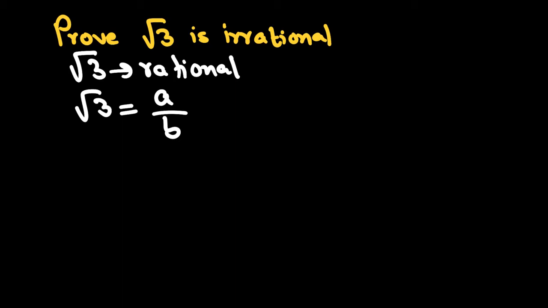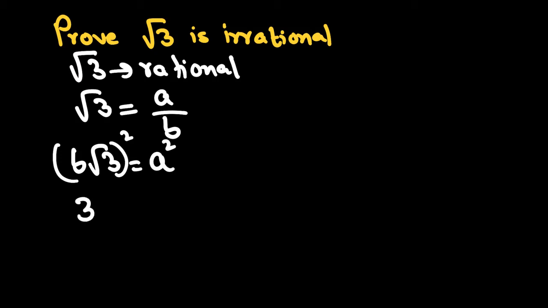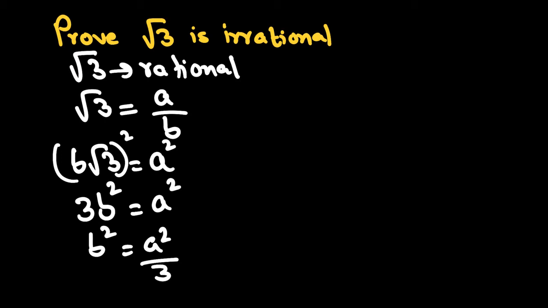Now let's proceed with the algebra from here. We cross multiply, so b root 3 will be equal to a. Square both sides, we get root 3 squared is 3, so 3b squared equals a squared, and b squared equal to a squared over 3, which implies that a is also divisible by 3.